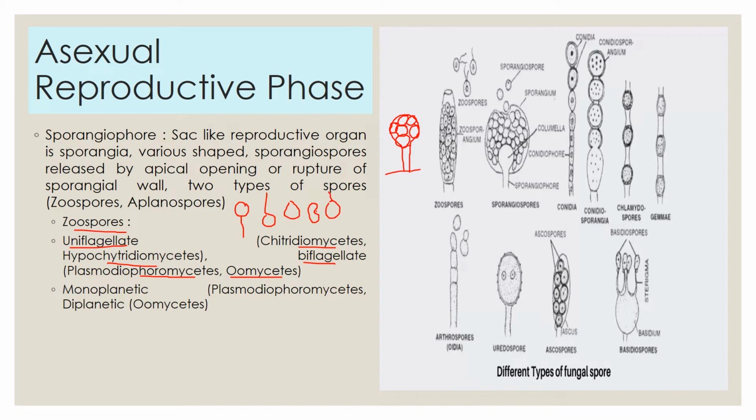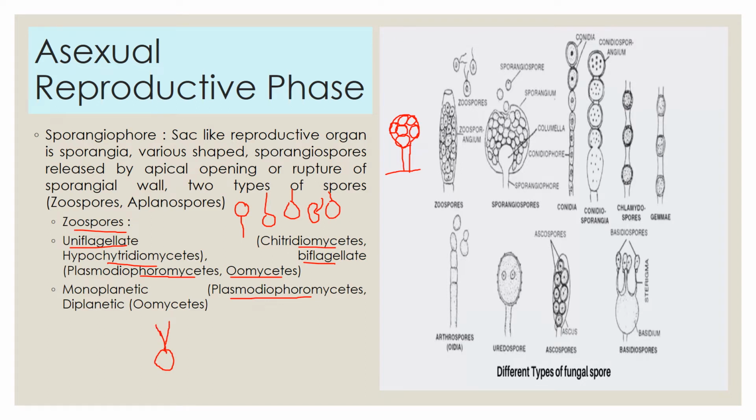So this is the single type of flagella. This type of flagellation where only one flagellum is present is uniflagellate, and in biflagellate we see there are divisions. For example, in plasmodiophoromycetes, the flagella present in the anterior are of similar type, that is whiplash.